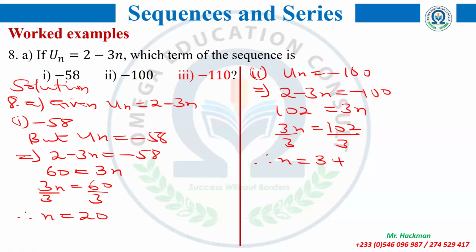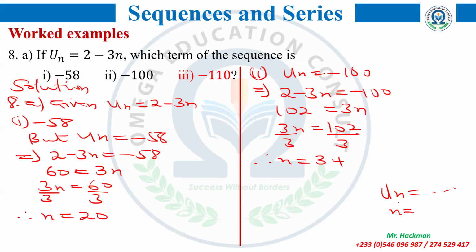Should I come again or you are all fine? Please come again. Okay, so whenever you are given your sequence, if you have u sub n is equal to whatever, your n here, yesterday I even told you that the n cannot even be 0.